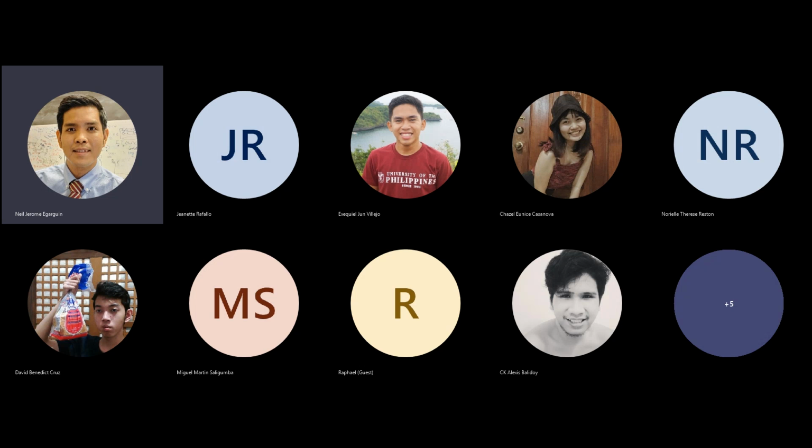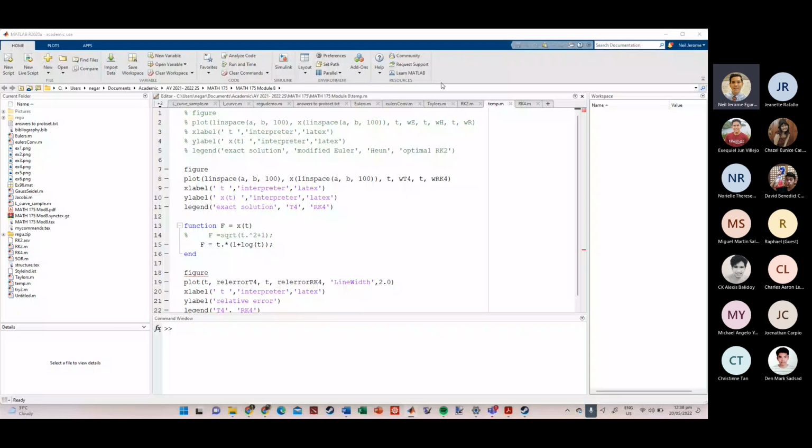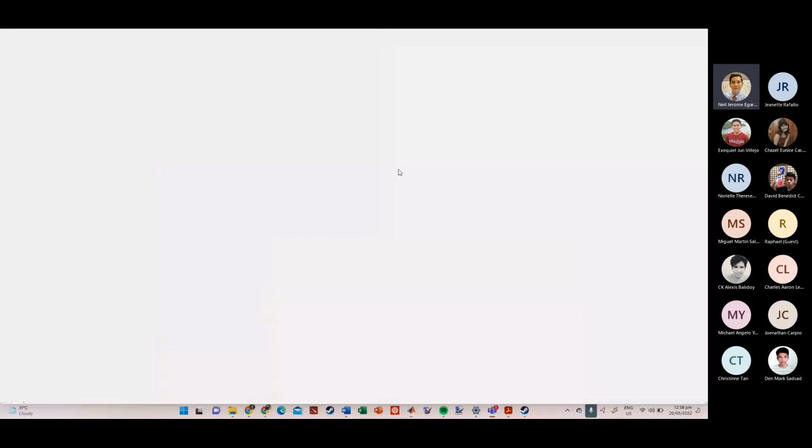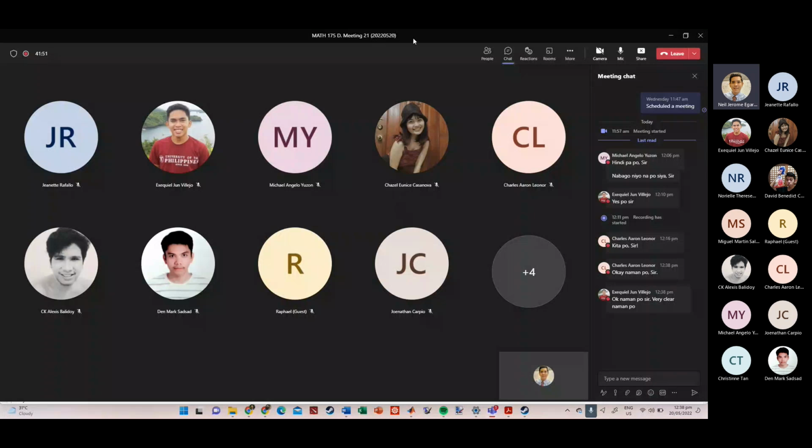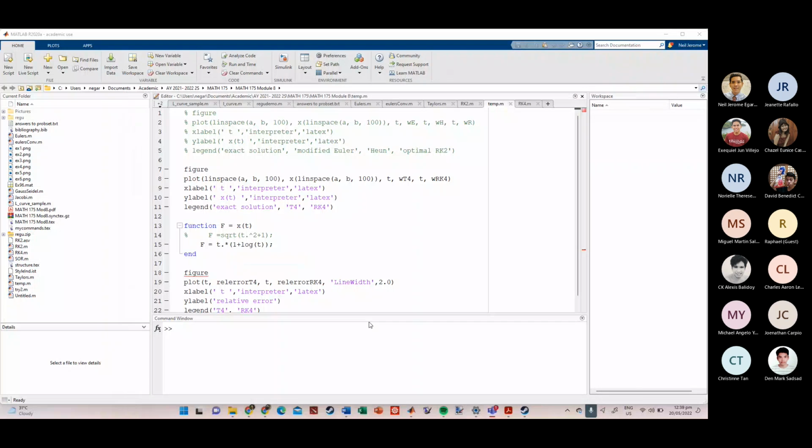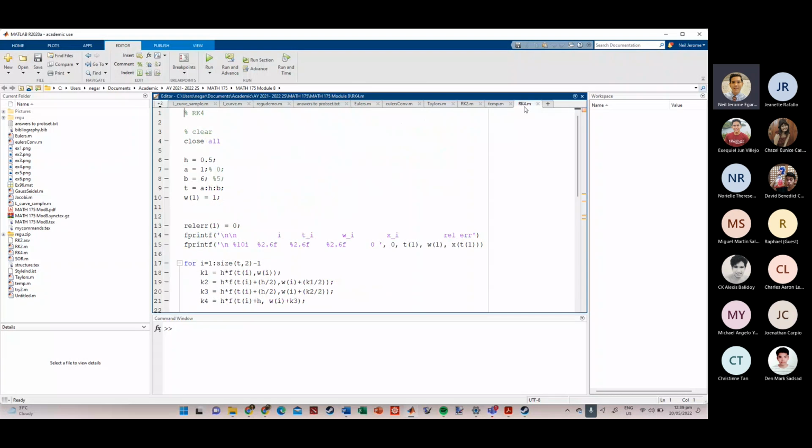Kasi hindi siya ganoon ka-komplikado. Hindi mo siya kailangang i-program ng hiwa-hiwalay sa bawat isang method, all right? So hold on. Can you now see my MATLAB screen?